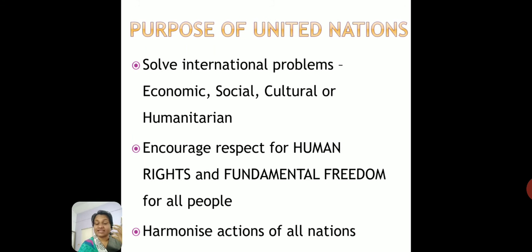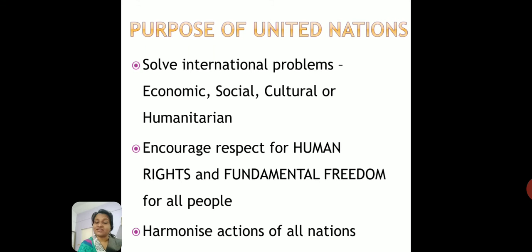And it runs many campaigns or programs to create awareness, to improve human rights, and to encourage human rights and fundamental freedom for all people. All people have the right to freedom, irrespective of their religion, caste, creed, anything. So this is a purpose which the United Nations works on, and it encourages countries to improve on these aspects of their country.